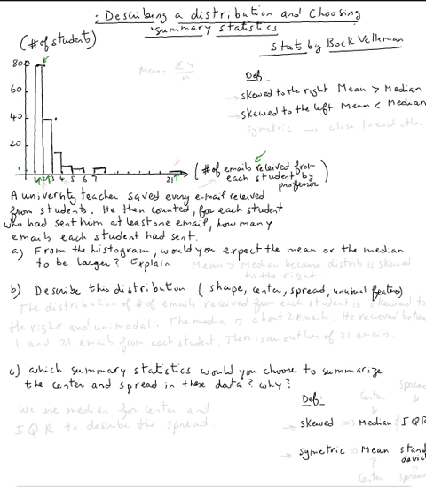Alright, so let's do this example. From the histogram, would you expect the mean or the median to be larger? Just remember this by definition. It's easy to prove that when the distribution is skewed to the right, automatically the mean will be bigger than the median.